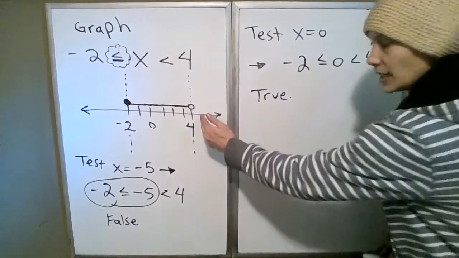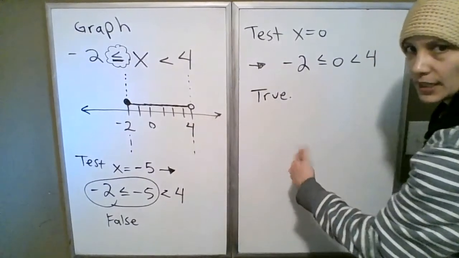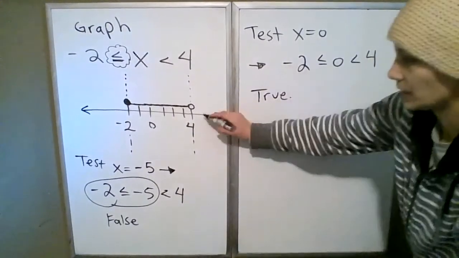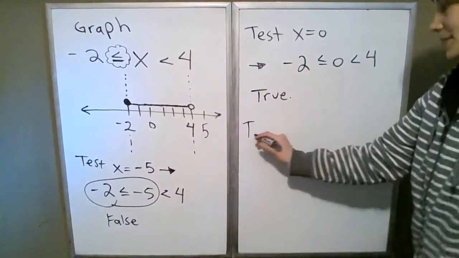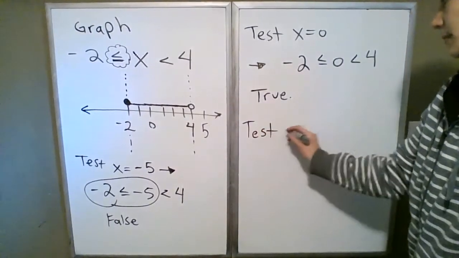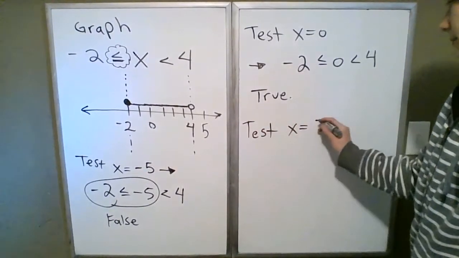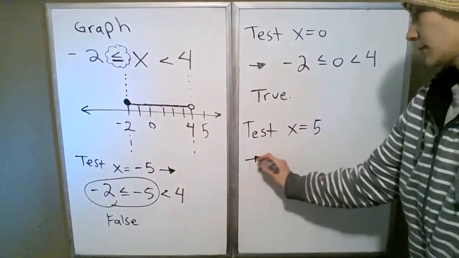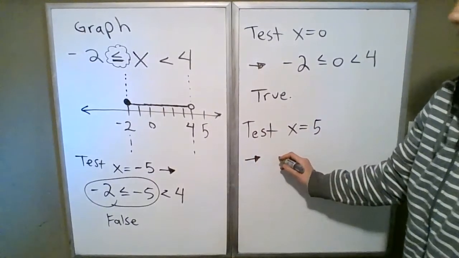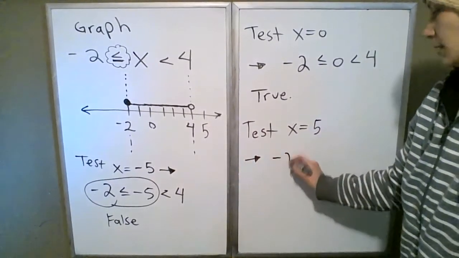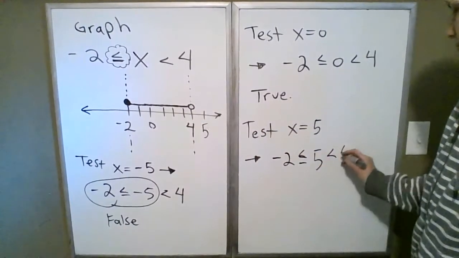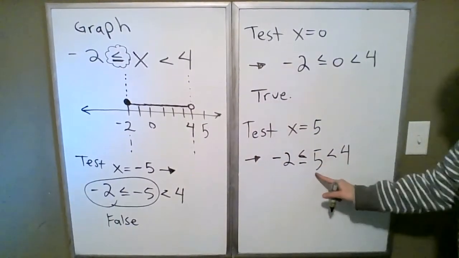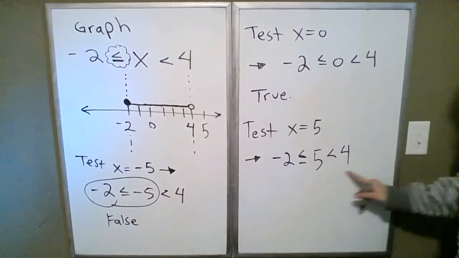Now I want to pick any number past 4 to test, and then I can be done. So I'm just going to try 5. So we're putting -2 less than or equal to 5. Is that less than 4? So even though this part is true, this part is false.